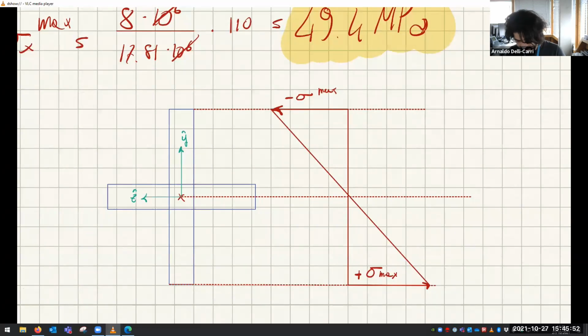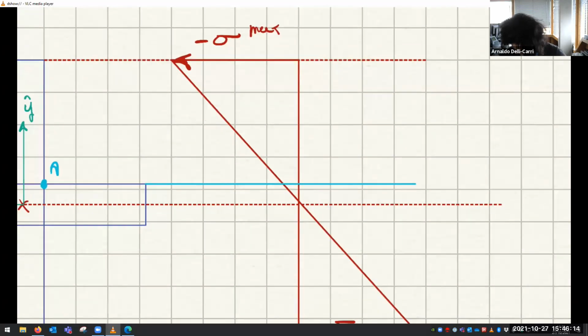Now, you might ask me, what is the arrow associated with this one? So what is the stress here at this point, A? Well, the stress at this point is this. This is the stress at that point. So let me do this.